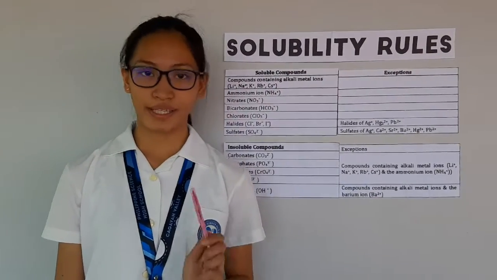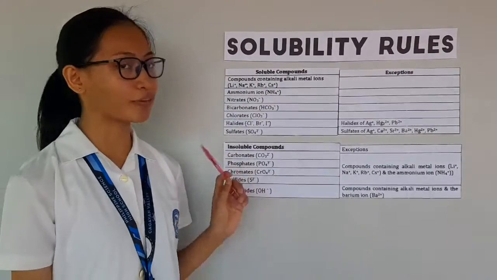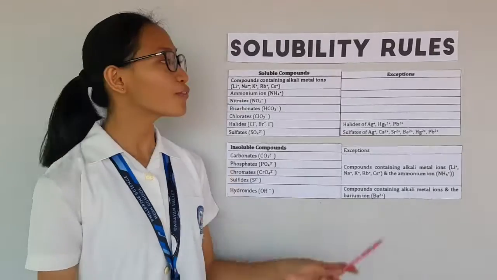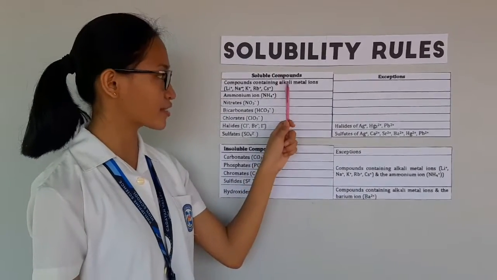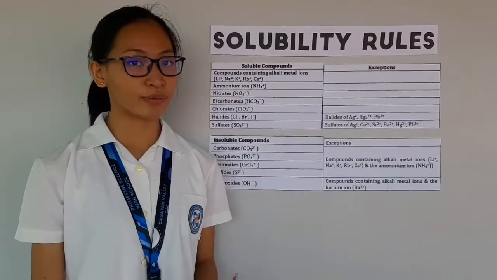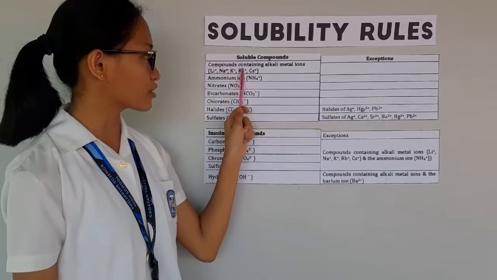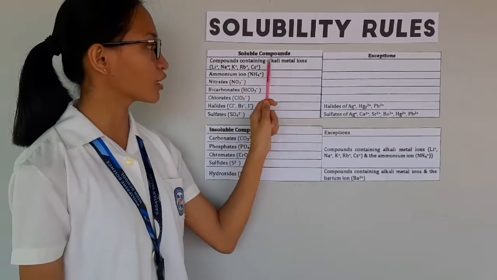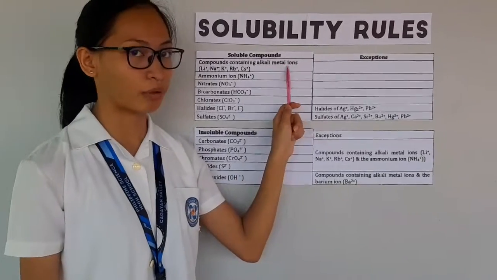Our solubility table is split into 4 different columns. The first one tells us that these compounds are soluble. In the first group, Group 1A metals or compounds containing alkali metal ions are soluble.